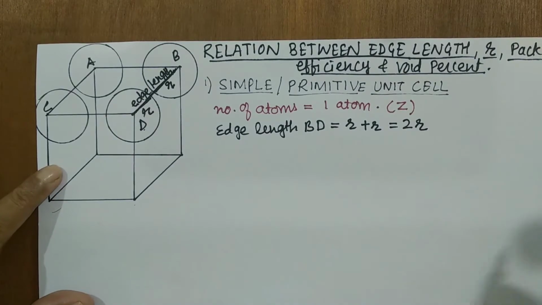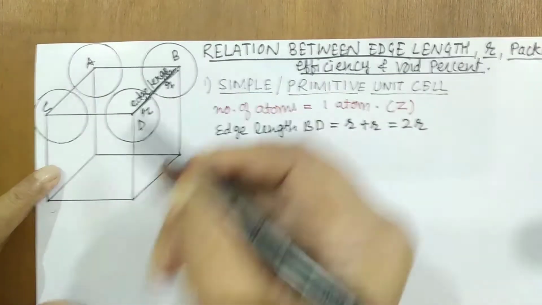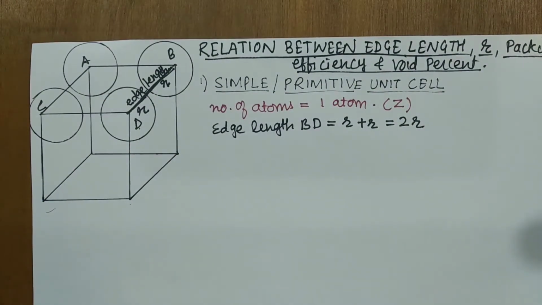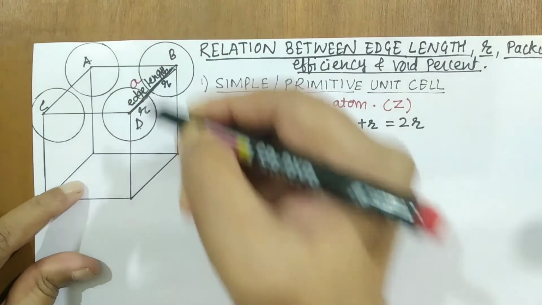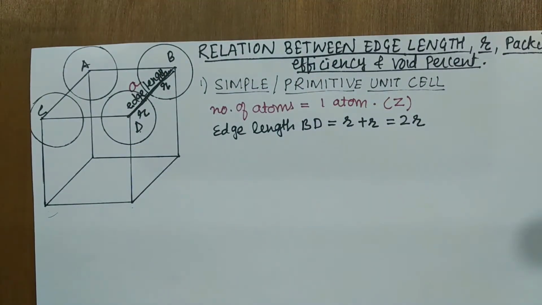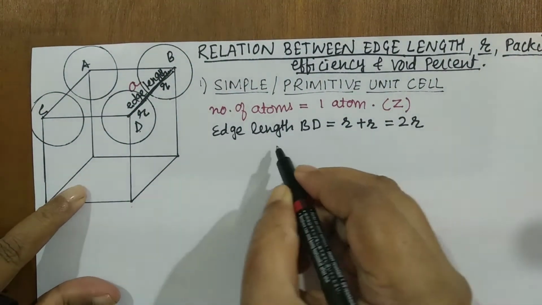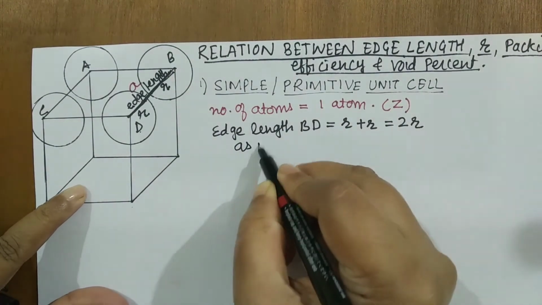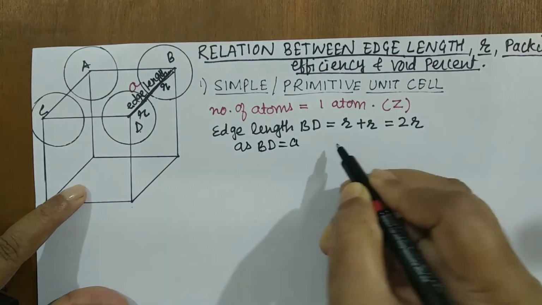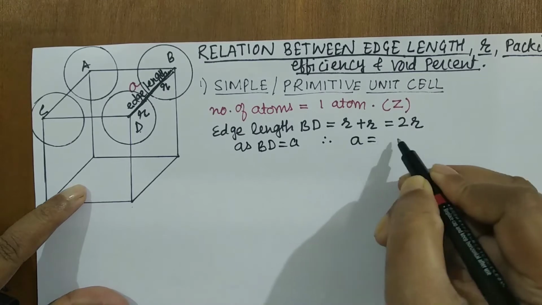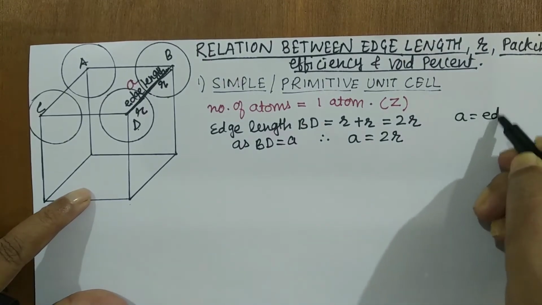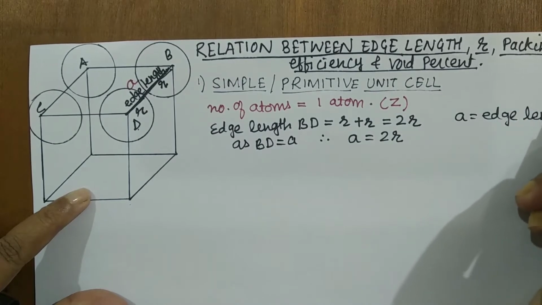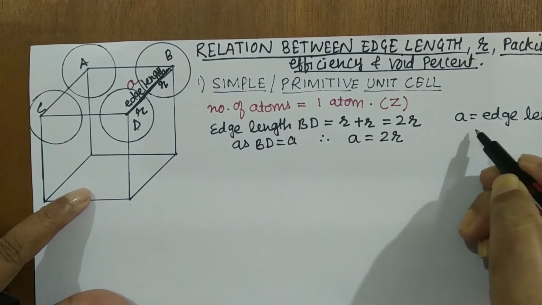Now this edge length is also called the lattice constant, student. So we mark this edge length as small a. In place of BD, I can say BD is equal to a, therefore a is equal to 2R. Now what is a, student? a is the edge length. And what is 2R?